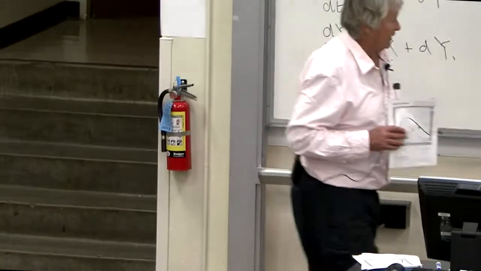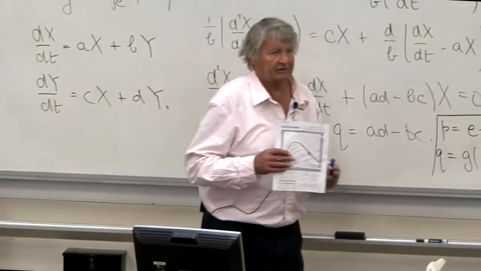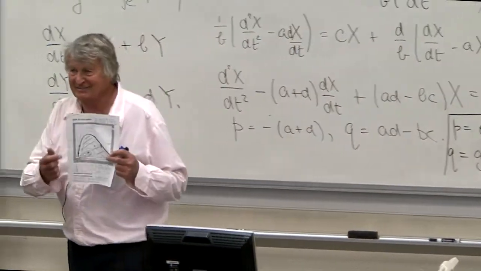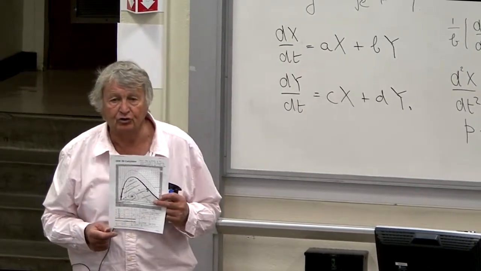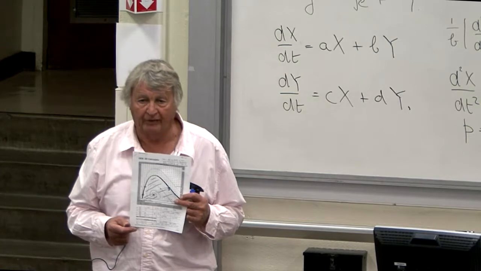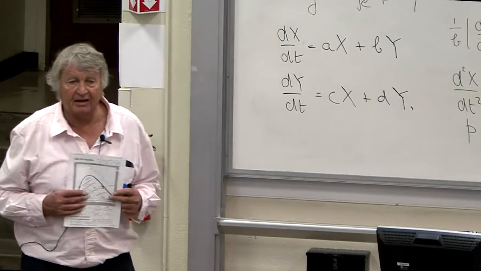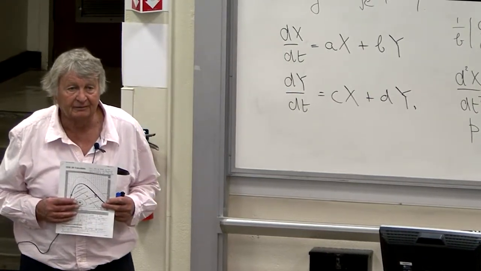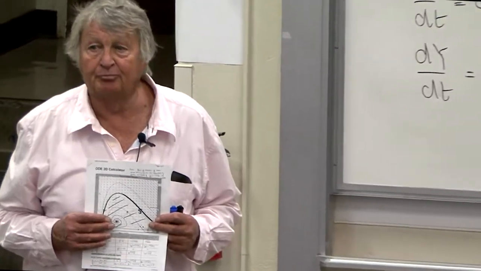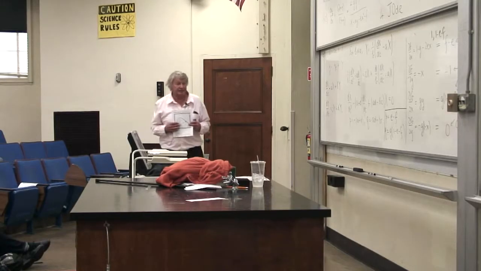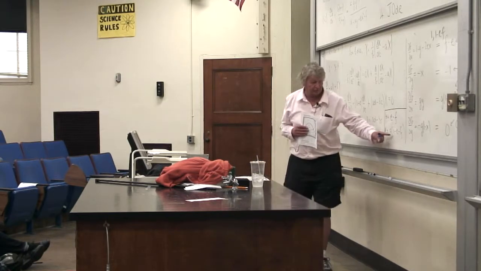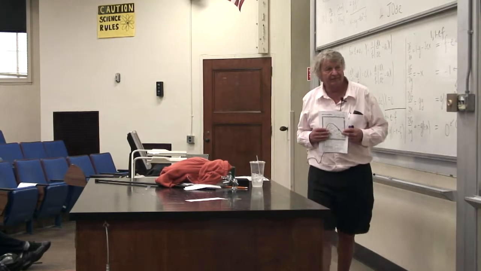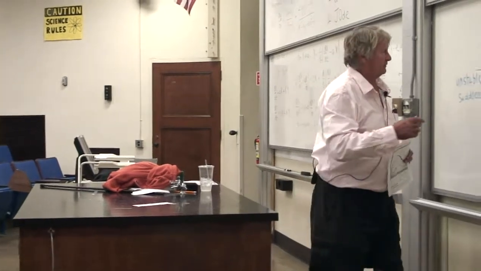In your first example, e was 0.2, f was 0.1. What's the sign of p? Positive. What's the sign of q? Positive, because this was 2 and this is 0.7. So where are we? Here.